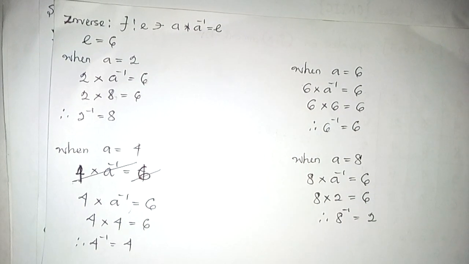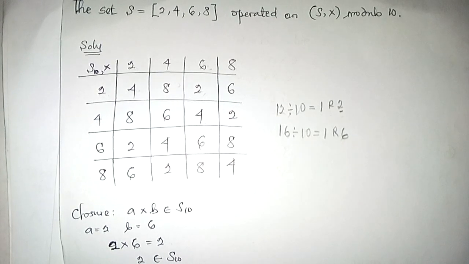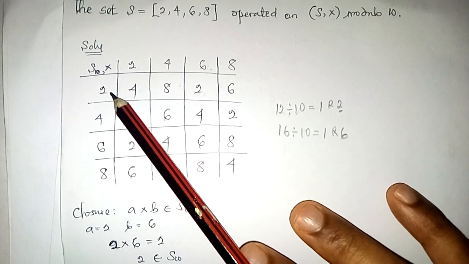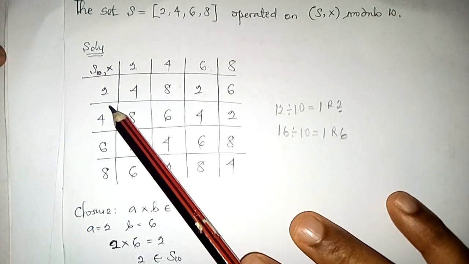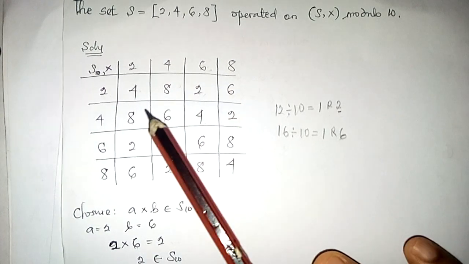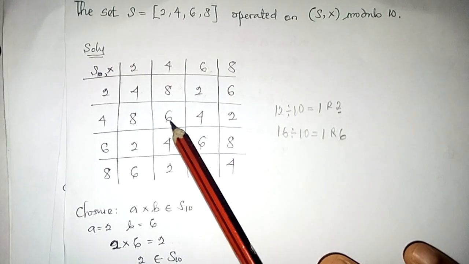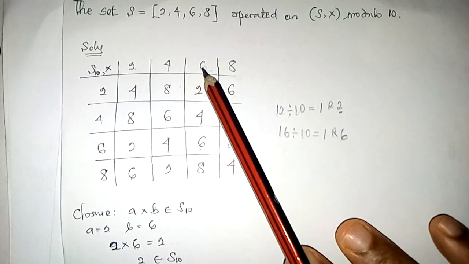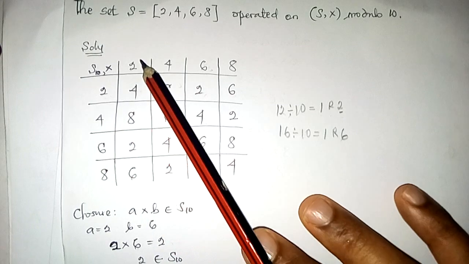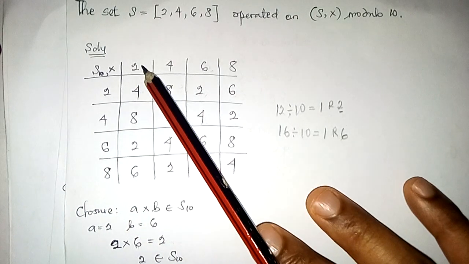Let's look at the table again. We can see here that 2 multiplied by 8 gives us 6. 4 multiplied by 4 gives us 6. 6 multiplied by 6 gives us 6. And 8 multiplied by 2 gives us 6. So therefore the inverse of 8 is 2.